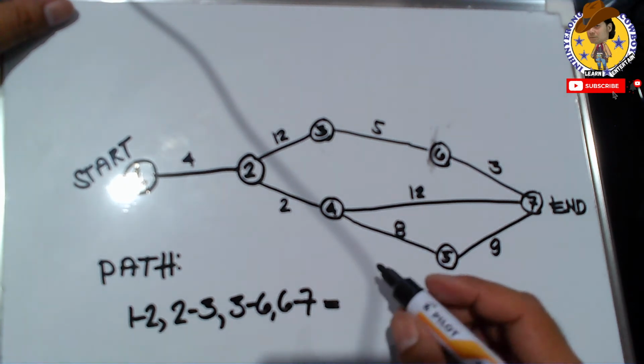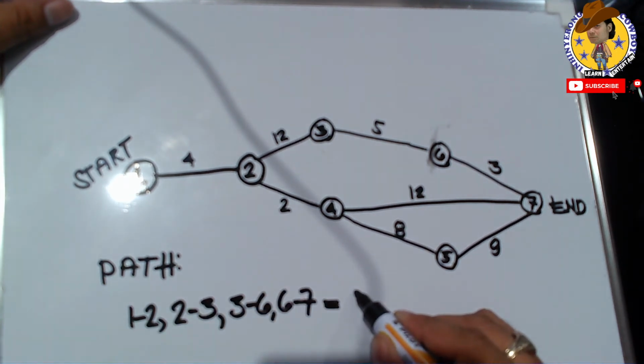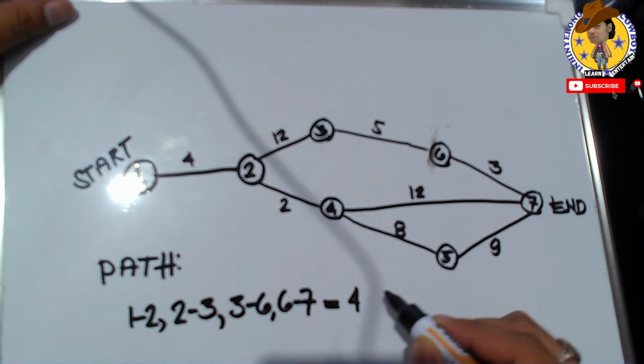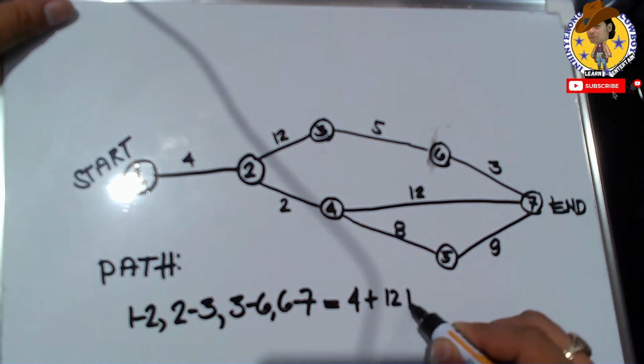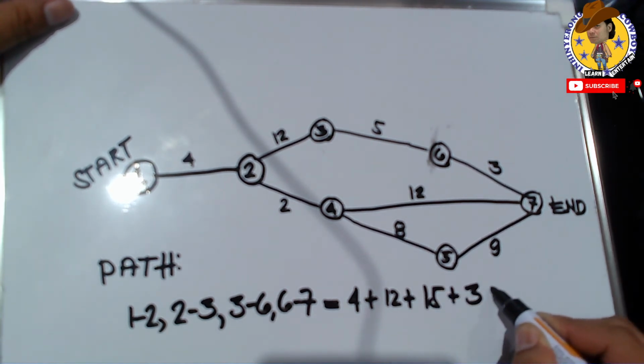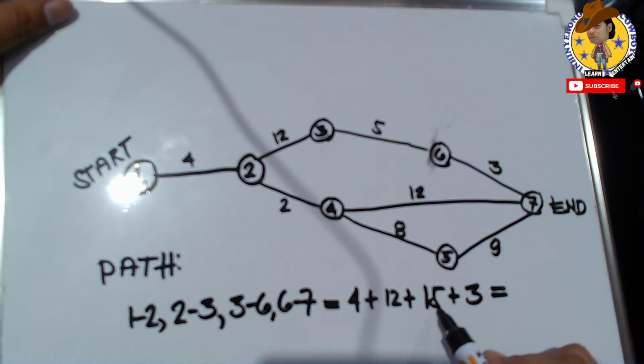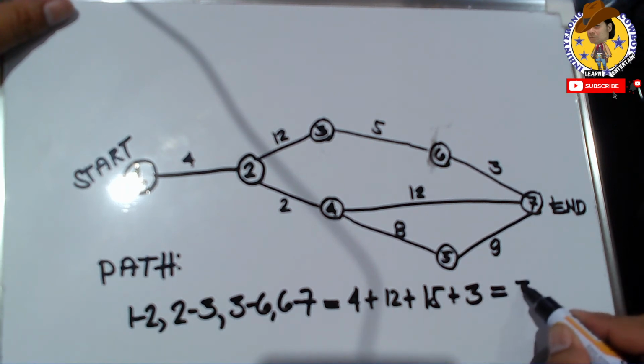Then these are the numbers: 4 plus 12 plus 5 plus 3. Then the total for this one is 15 plus 3 is 18 plus 2, 20. So this is 34 days.